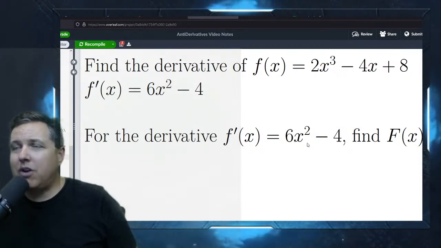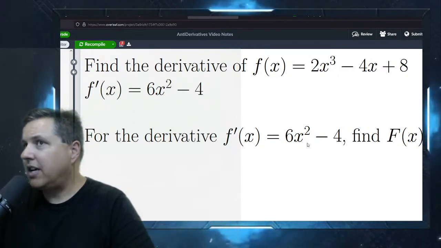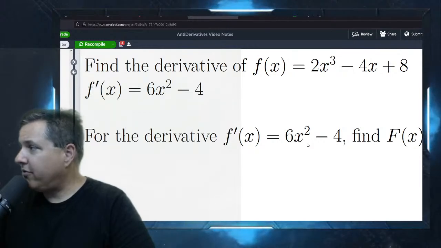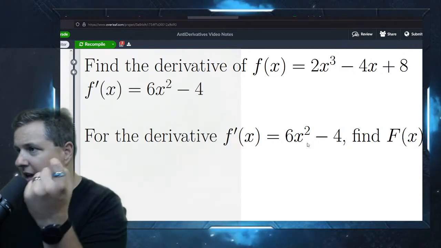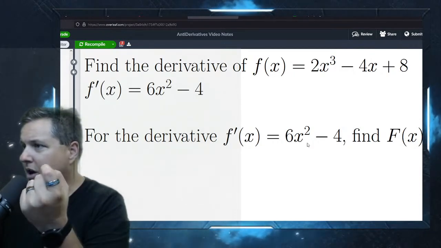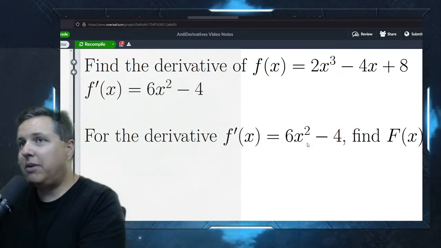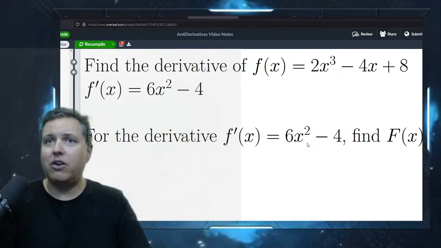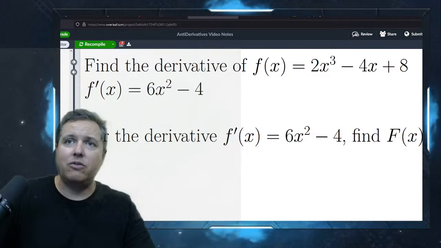Well, there's a problem with that. And the problem is that every one of you could come up with a different answer. In mathematics, we say that that problem is not well defined, right? A well-defined problem means that every time someone does that problem or a different person does the problem, you should get the same answer. This problem is not well-defined because if I say find a function whose derivative is 6x squared minus 4, we could come up with numerous different values.